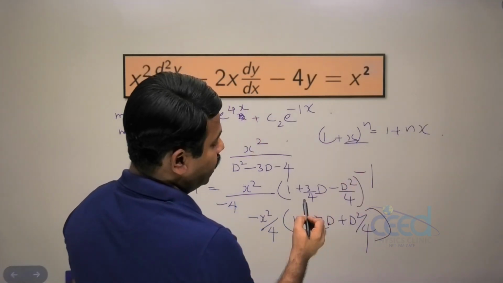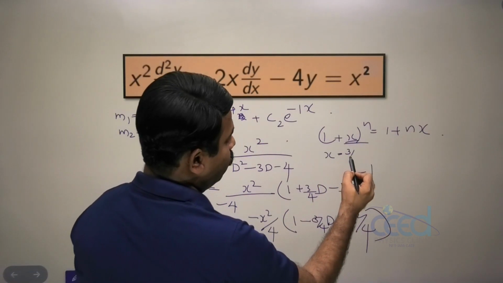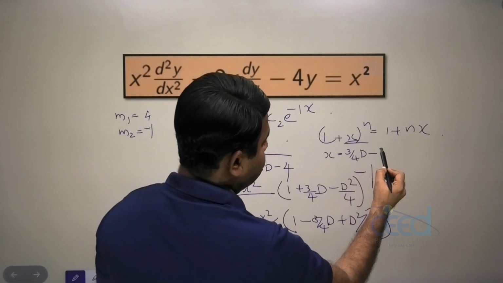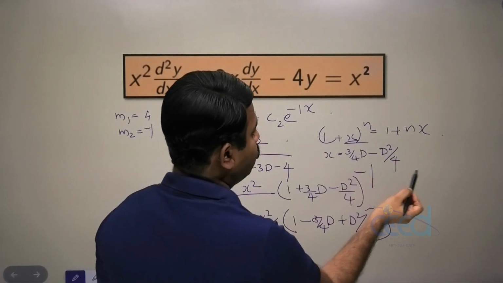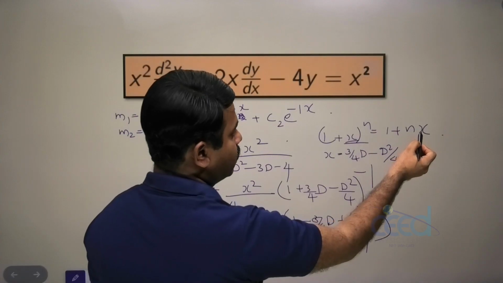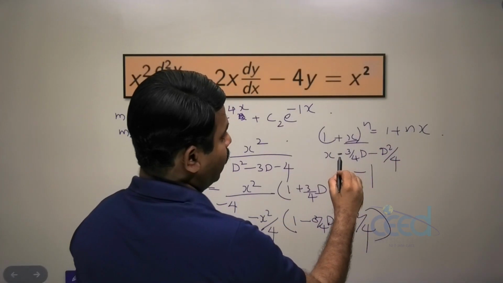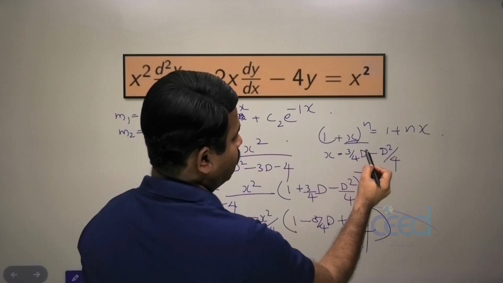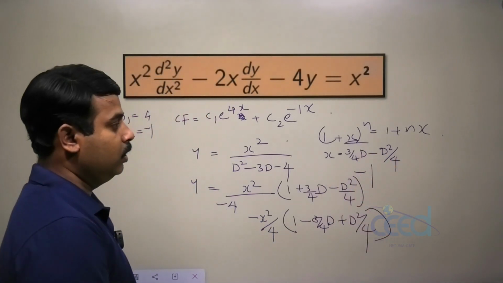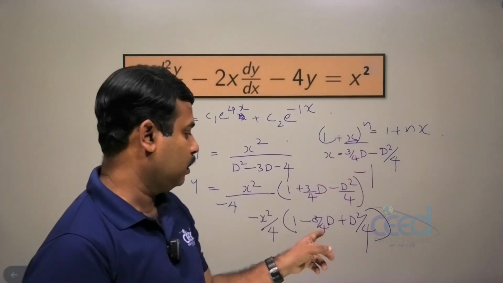This x I am taking as 3 by 4 D minus D square by 4, and n as minus 1. Then the minus 1 comes in, and this becomes minus 3 by 4 D plus D square by 4.